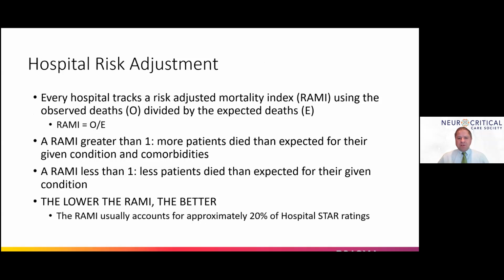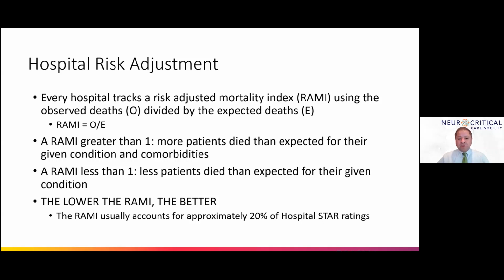So every hospital tracks a risk-adjusted mortality index called RAMI, using the observed deaths, O, divided by the expected deaths, E. A RAMI greater than 1 means more patients died at your hospital under your care than expected for their given condition and comorbidities. A RAMI of less than 1 means less patients died than expected for their given condition and comorbidities. The lower the RAMI, the better.